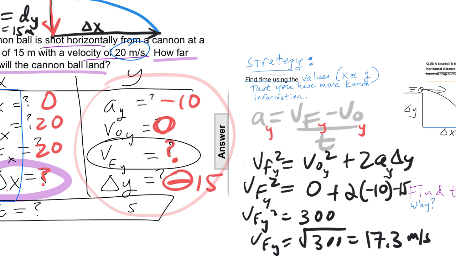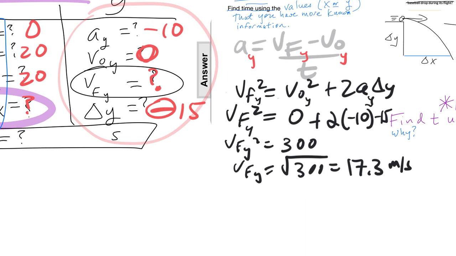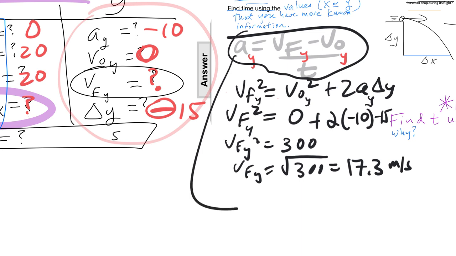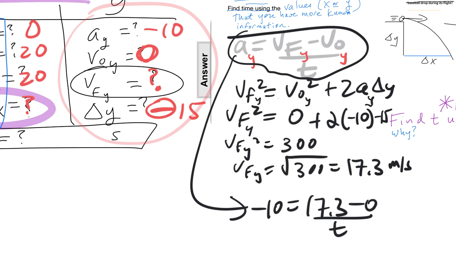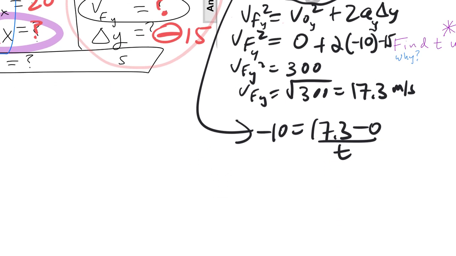Okay, now I can go back to the original equation and find the time. So I'm going to go back to this now that I have v of y. So negative 10 is equal to v of y over time.